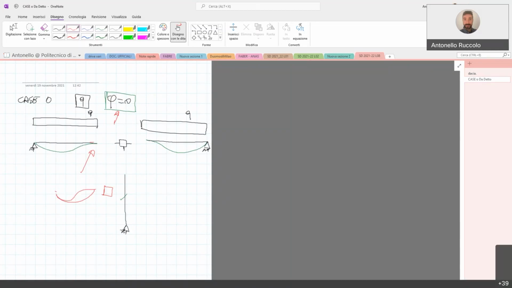So we are applying a moment clockwise. Okay, do you agree? Or like this, in order to restore the horizontality of the beam in that node.